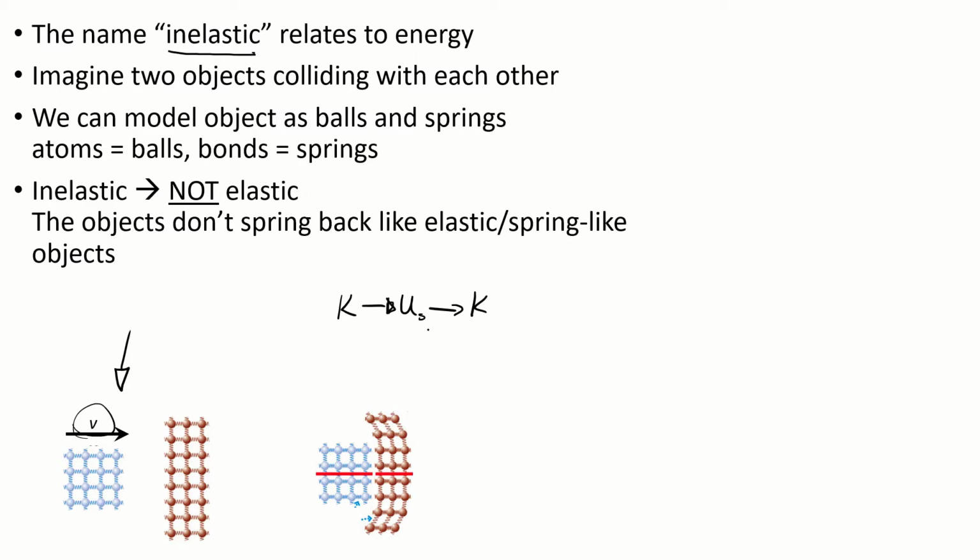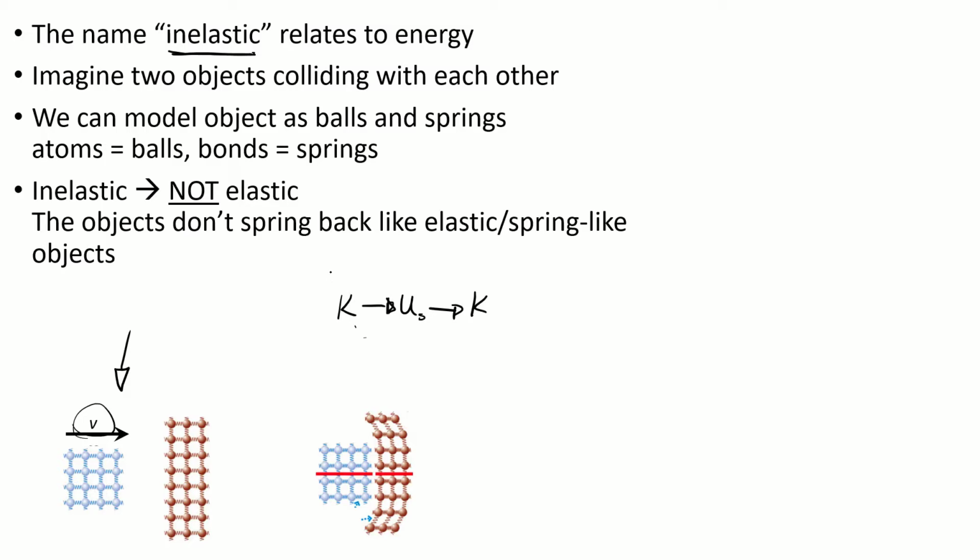That doesn't happen. They are not behaving like perfect springs in an inelastic collision. They stick together. We have this sort of kinetic energy converts to potential energy, but then the objects become deformed. They don't spring back, and a lot of that energy just goes into thermal energy of the objects.